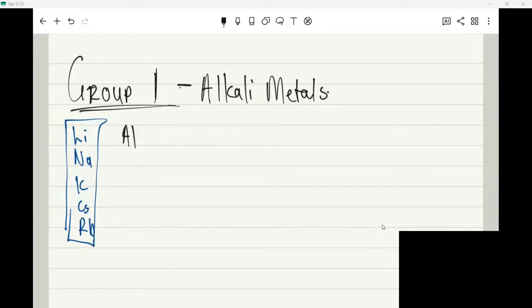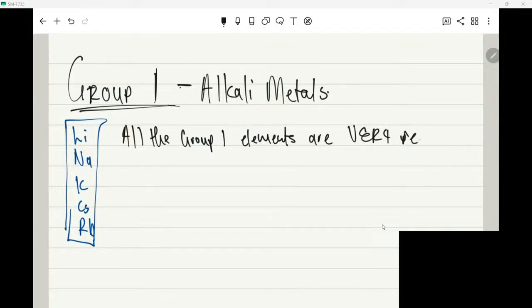So for us to stop that from happening, because they are very, very reactive, we are going to store them under oil. So write this: all the group 1 elements are very reactive.